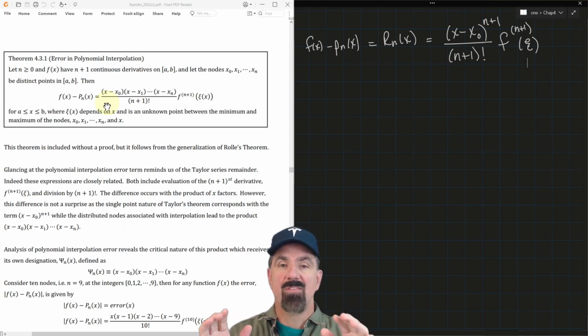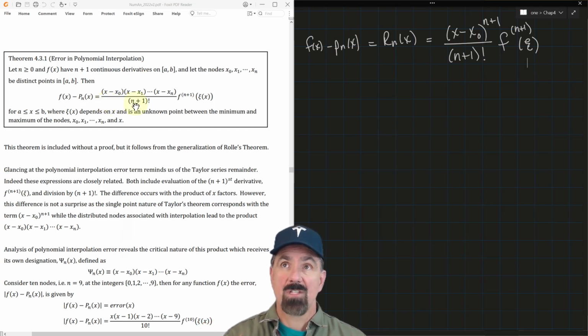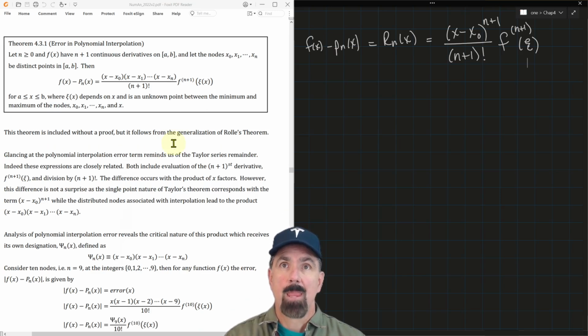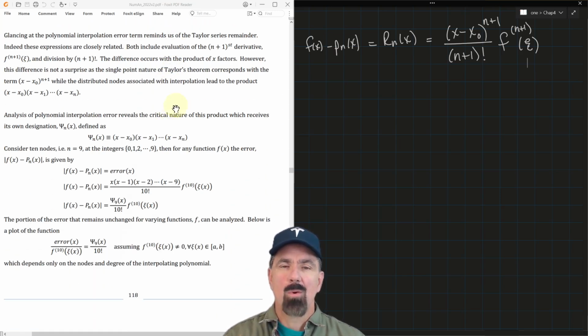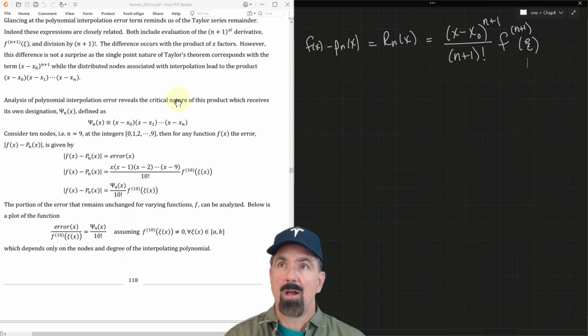There is no derivative information involved. So that's the real difference. Everything else, the factorial in the denominator, as well as the n plus first derivative, is looking very much the same. So we want to keep that in mind as we consider what's going on here.